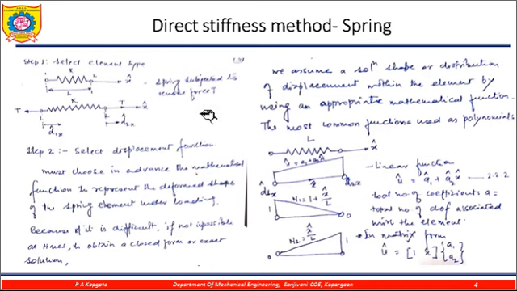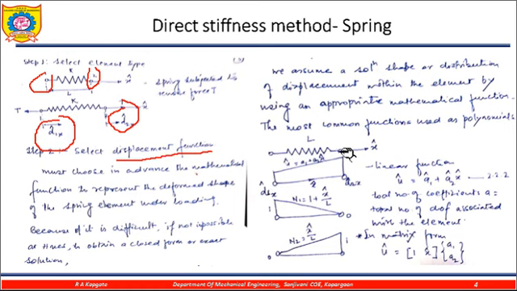So let us start. First of all, select the element. We are selecting the element, that is the spring. So this is node 1, this is node 2. Here displacement along x at 1, displacement at 2. First of all, select the displacement function. When we are selecting the displacement function, we need to find out what type of deflection takes place.